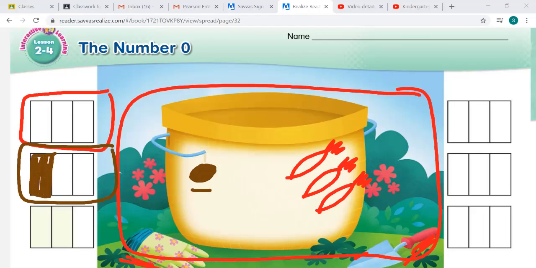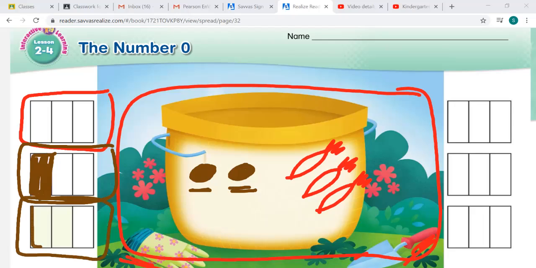Okay, so now Maria sees 2 potatoes in her basket here. 2 potatoes. So 1, 2. Let's look over here. How are we going to show 2 potatoes?